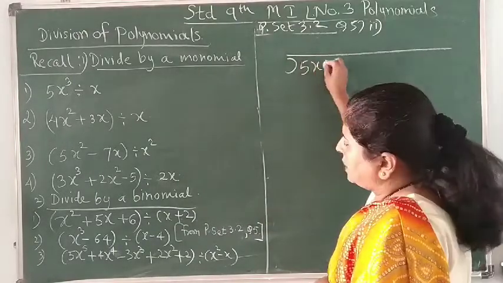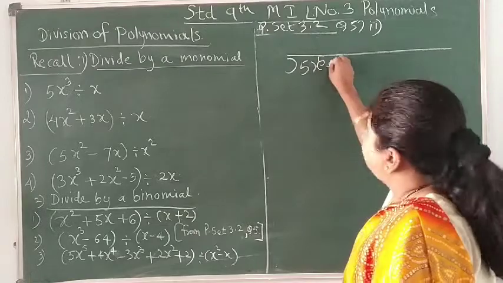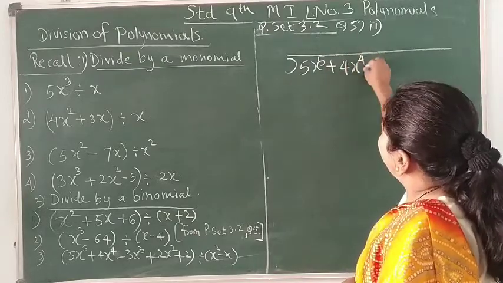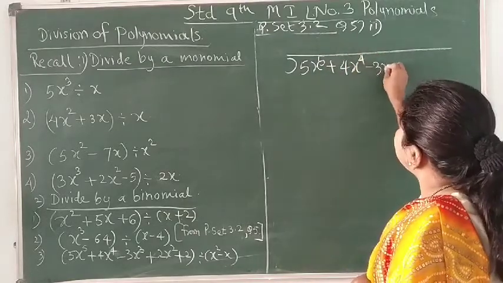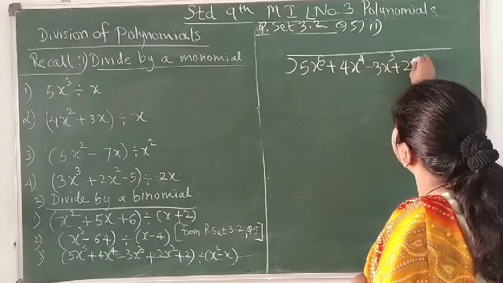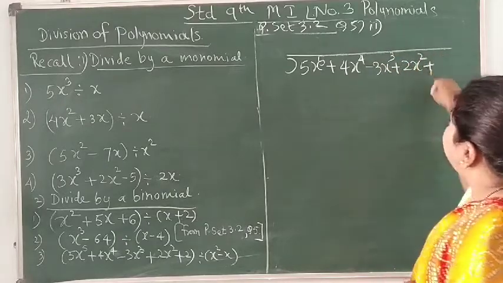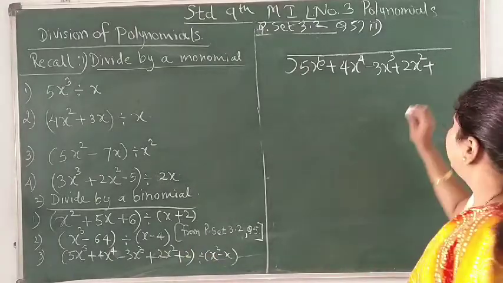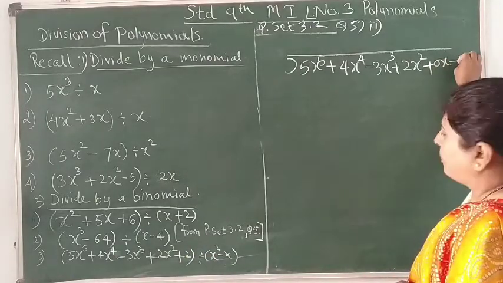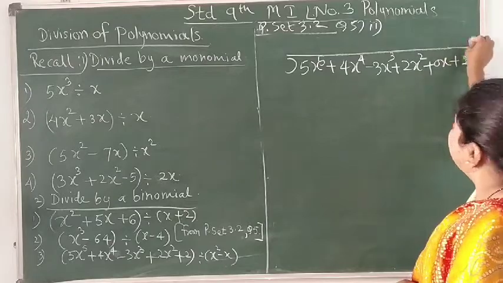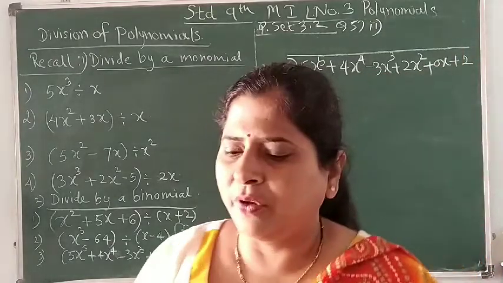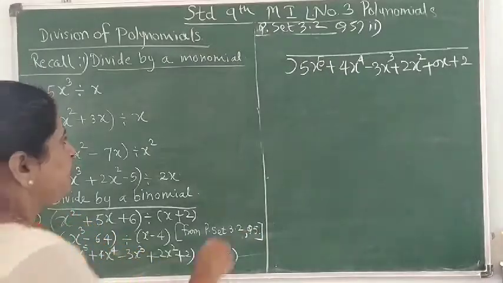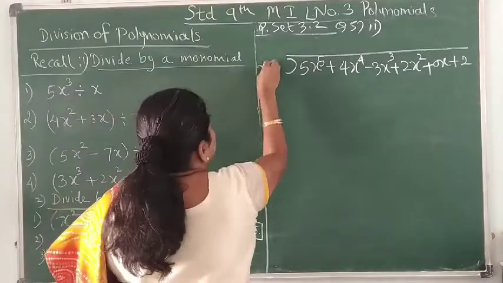This is 5x raised to 5 plus 4x raised to 4 minus 3x cube plus 2x square. After this, actually there should be an x term, which is missing. So we are writing this 0x plus 2. So this is our dividend, and we are going to divide it by x square minus x.